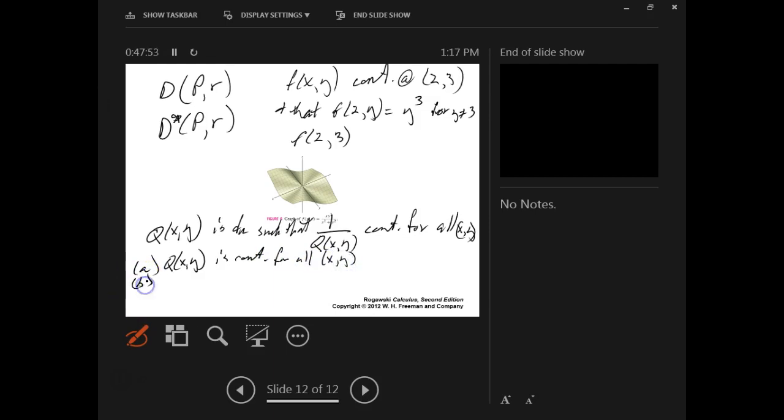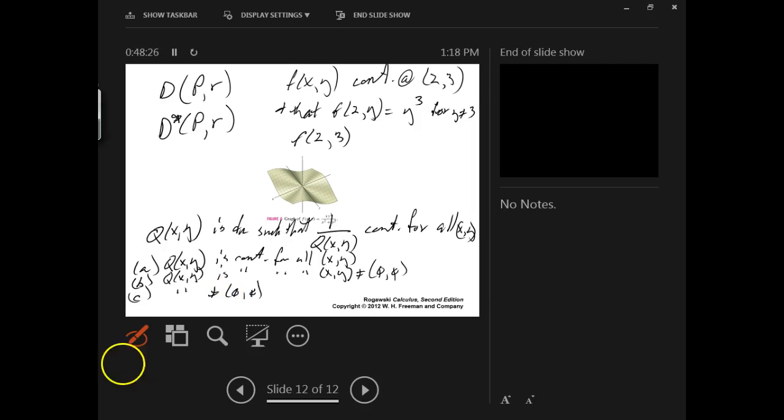B. Q of xy is continuous for all x, y not equal to 0, 0. And C. Q of xy is not equal to 0, 0.